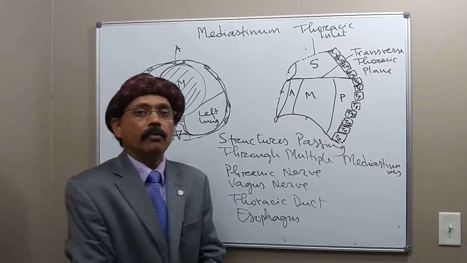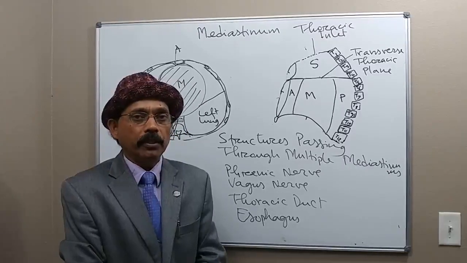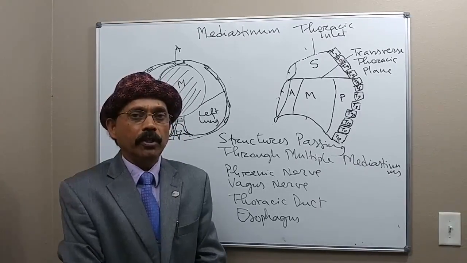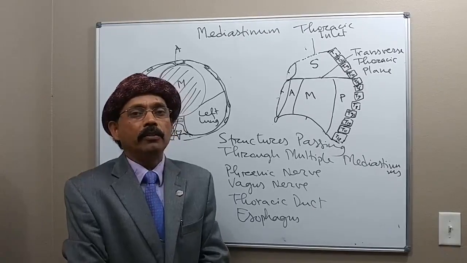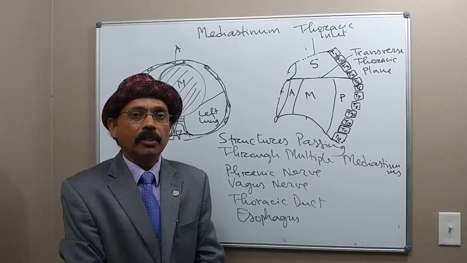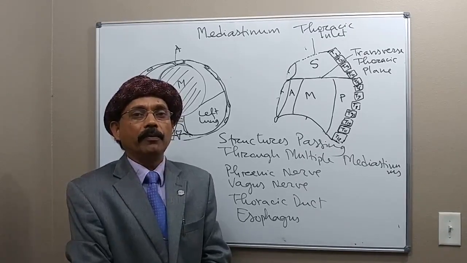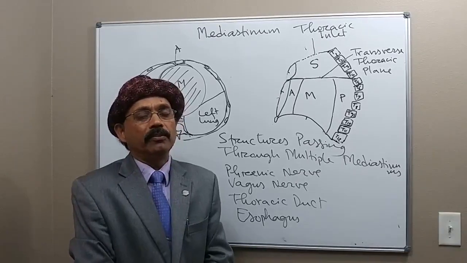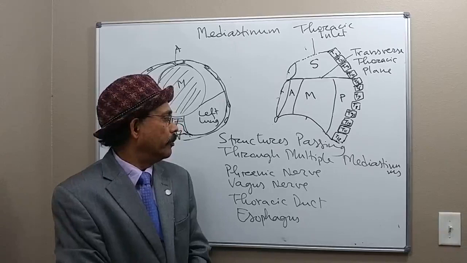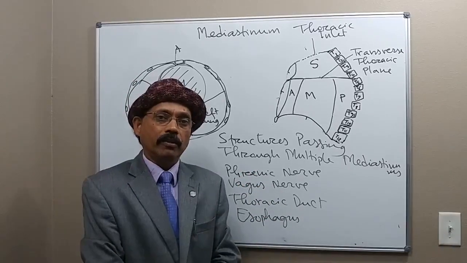Phrenic nerve is formed from C3, C4, C5. It is a content of the neck, content of the superior mediastinum, content of the middle mediastinum, and it innervates multiple structures like the fibrous pericardium, the diaphragm, and the mediastinal pleura, and branches of the right phrenic nerve also innervate the gallbladder.